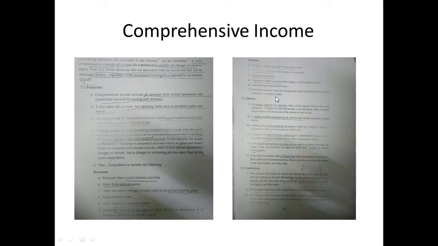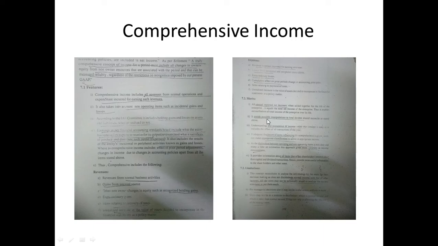So when you're talking about comprehensive income, what are the merits? All actual reported net incomes, when added together for the life of the enterprise, equal the total net income of the enterprise. Thus it enables reconciliation of the total income of the enterprise over its life. So I am talking about the efficiency from all points of view. How well I am holding the products, when I am selling, what is the right time I'm selling, am I gaining good profits due to selling at the right time.